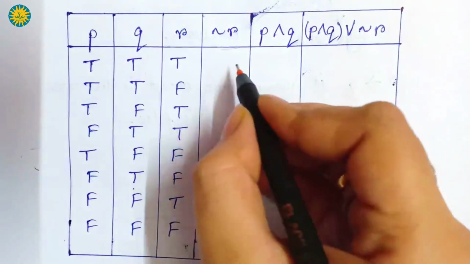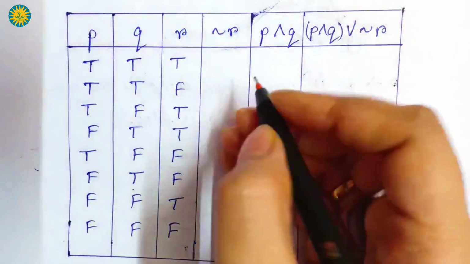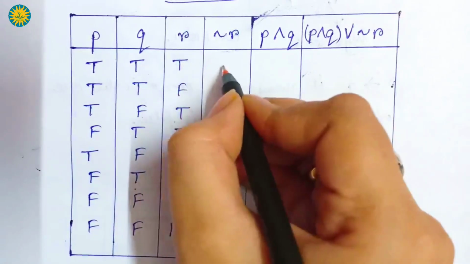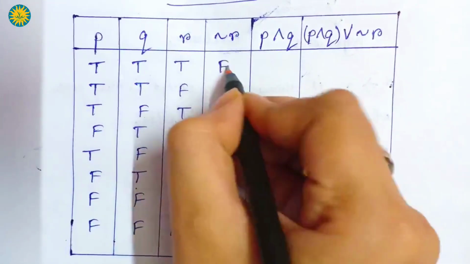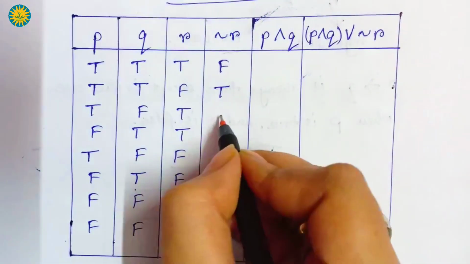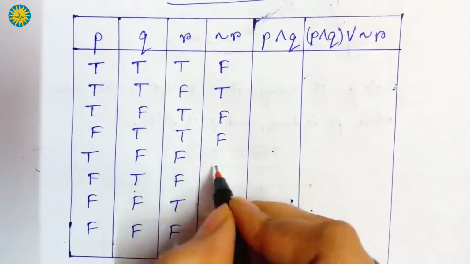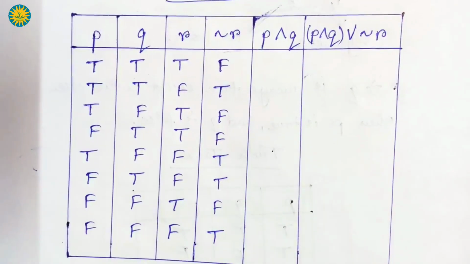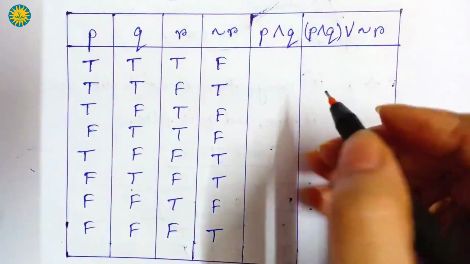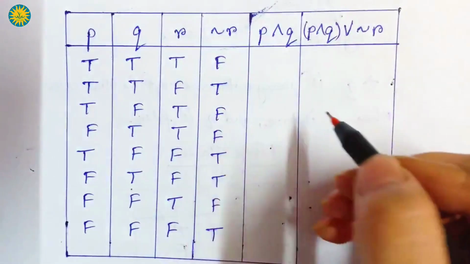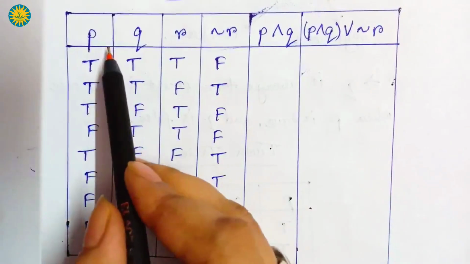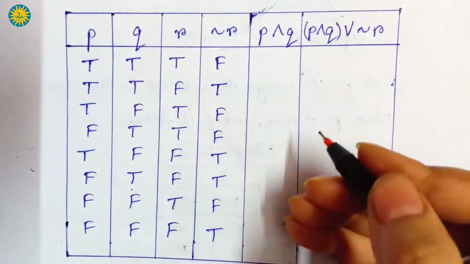Then we will fill up the fourth column, which is not R. So this will correspond with the column R. For true we will write false, and for false we will write true. In this way we fill up the column. The next column is for P and Q. So for this one we need to look at the first 2 columns.